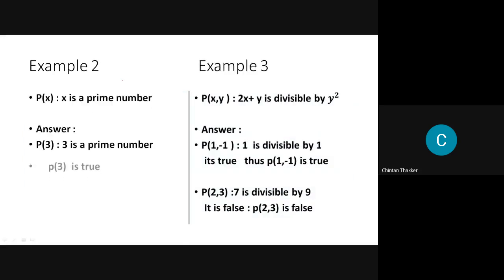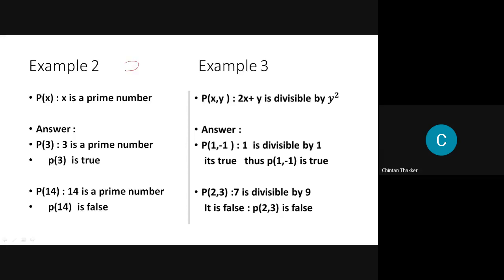In the same way, in this second example we again have the domain D equal to Z. Now P(x) is given as: x is a prime number.